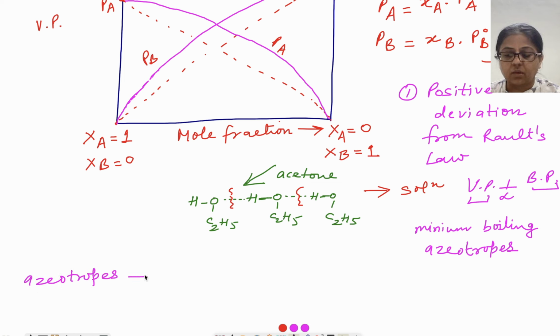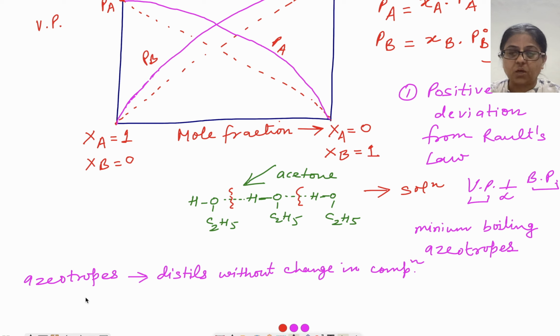Azeotropes are the liquid mixtures which distill, means which boil, without change in composition. They are called azeotropes or constant boiling mixtures.